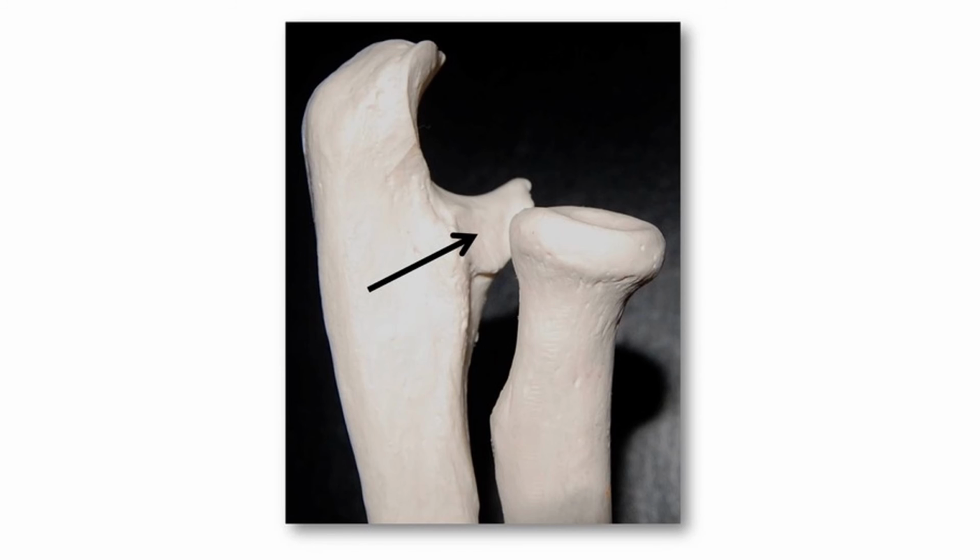This curved upper end, you know what, this is the olecranon process of the ulna, and the notch in front of it is the trochlear notch where the trochlea sits, and the black arrow is pointing at the radial notch. This is the place where the head of the radius is going to sit in.